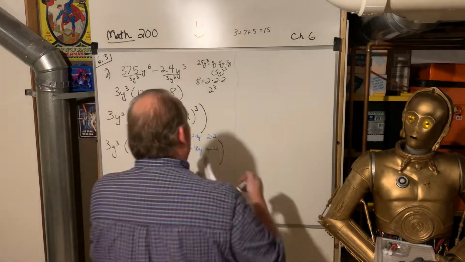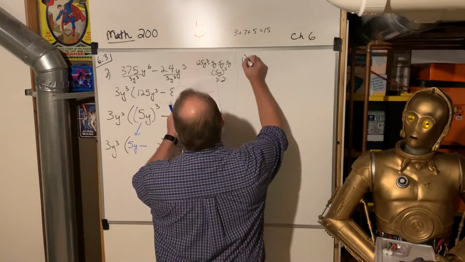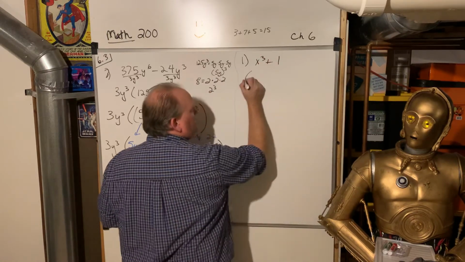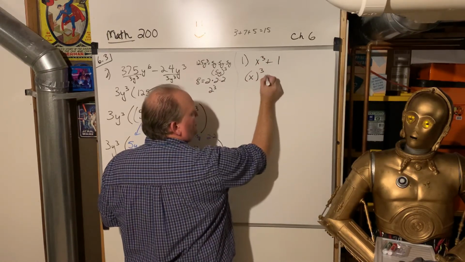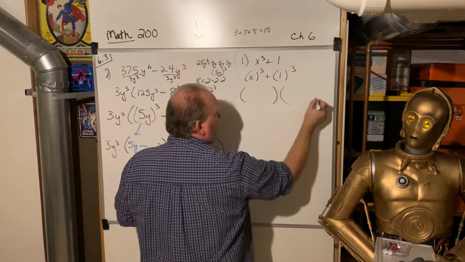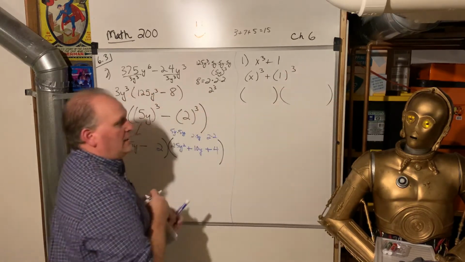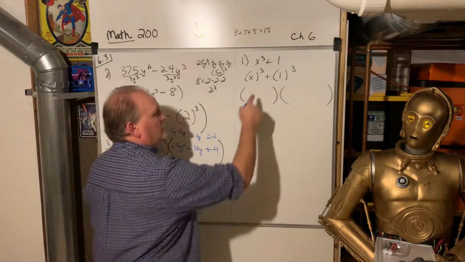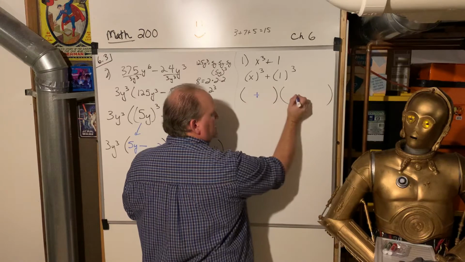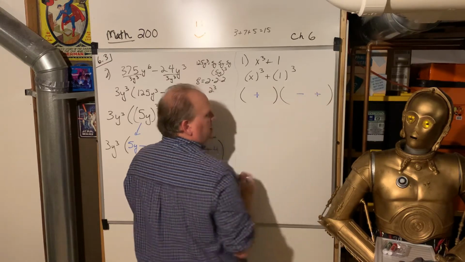So here, we got x cubed plus 1. So here, we're going to write it as perfect cubes. And then it's a binomial times a trinomial. And look, when it's a plus, we go with this sequence, plus, minus, plus.